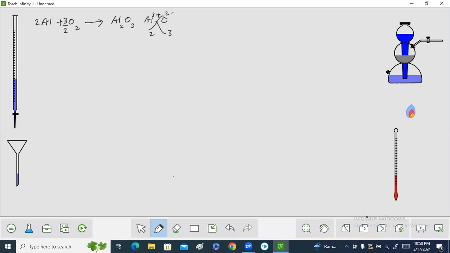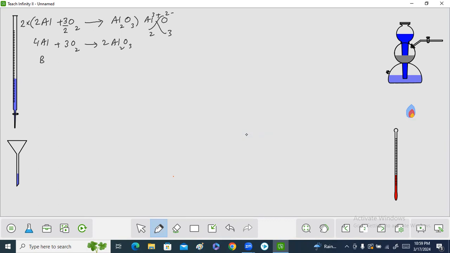But to remove this fraction, or to make it a whole number, we can multiply the whole equation with 2. So if we multiply the whole equation with 2, we will get the balanced chemical equation, which is 4Al, then 3 by 2 times 2 is 3, so 3O2, and 2Al2O3.